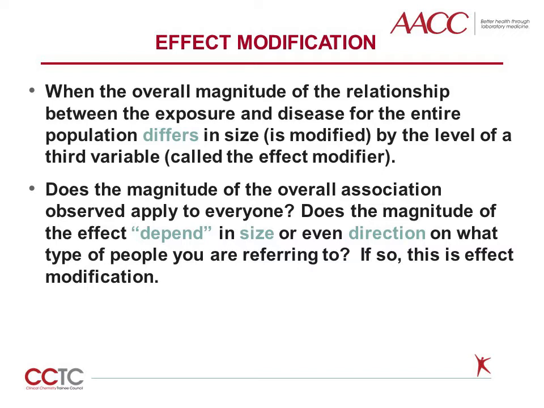So in other words, if someone asks you, does the magnitude of the overall association observed between smoking and lung cancer apply to everybody, or does the magnitude of the effect depend in size or even the direction on what type of people you are referring to, then this relationship is actually effect modification.